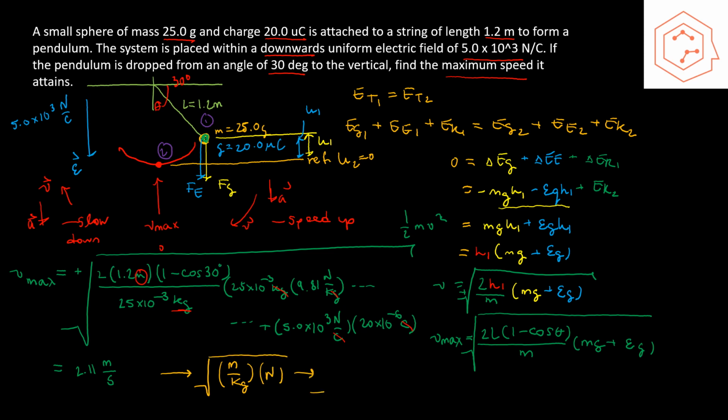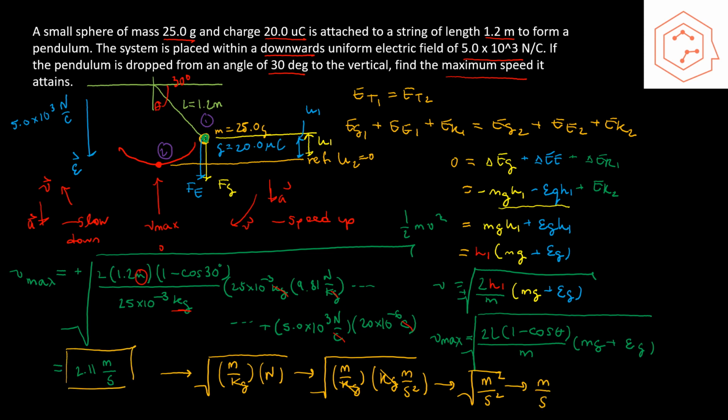But our newtons are kilogram meters per second squared. So meters per kilogram, kilogram meters per second squared. Then these kilograms cancel out, and we get the square root of meters squared per second squared, which is meters per second. And that's your final answer. 2.11 meters per second is the maximum speed attained by the pendulum.